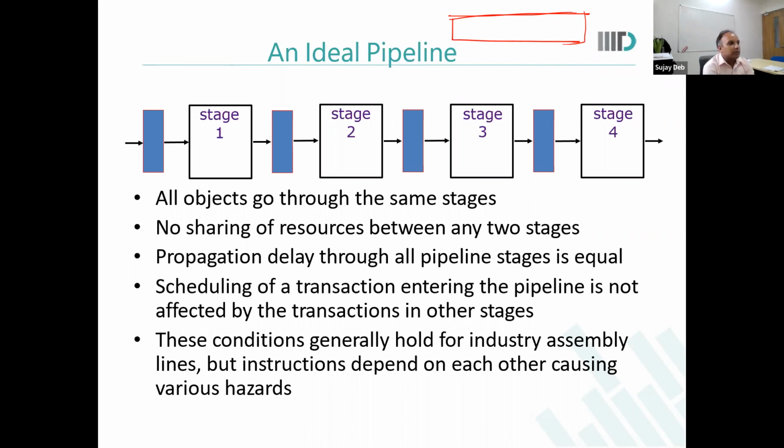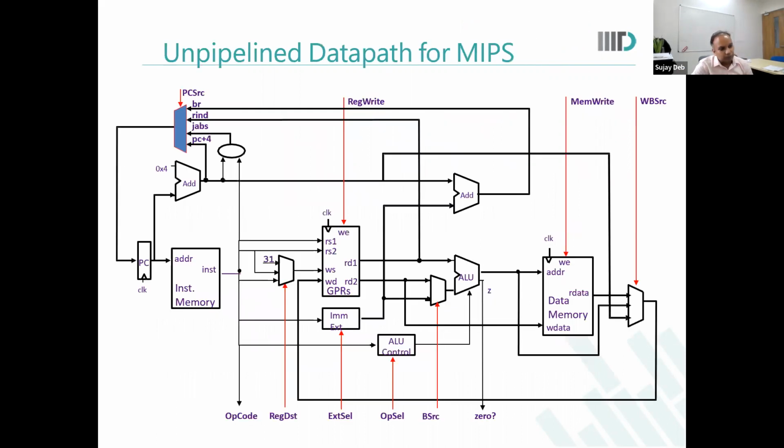So let's say each instruction is divided into 4 or 5 stages, and then we make these stages independent enough so that, let's say, stage 2 is dealing with instruction 1, stage 1 is dealing with instruction 2, and so on. So different instructions are getting executed at different stages, and since they are isolated and independent from each other, ideally I should be able to do it. So let's go ahead and see how we can do that.